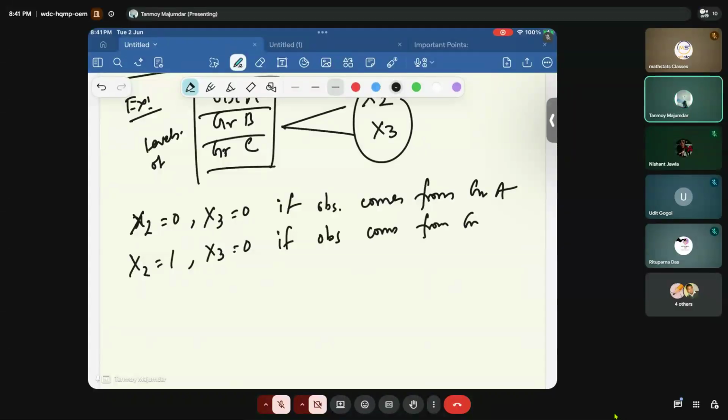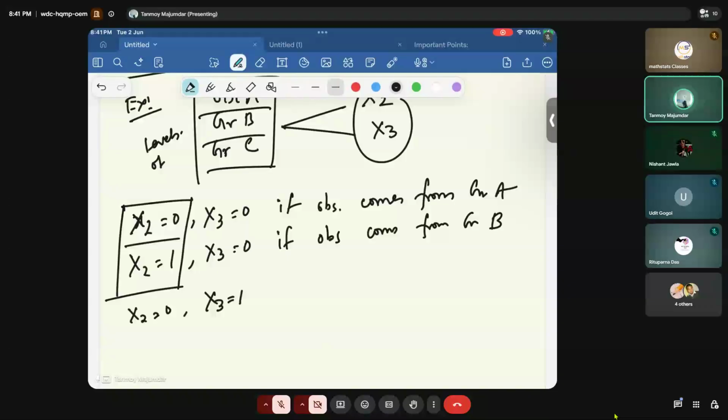group B. See what we did, we worked on x2, making x2 either 0 or 1. Okay, that means group C is not present. When group C is present, then x3 will be 1 and x2 will be as usual 0.